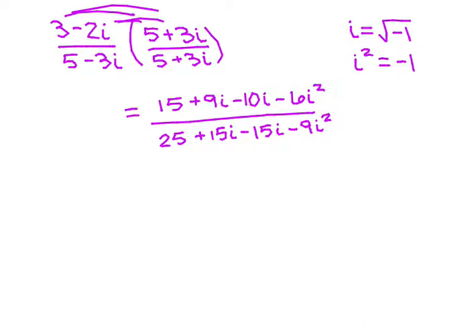Okay, so as expected, our i's will cancel, so that's good news. That's how you know you've done it right and you did the complex conjugate correctly. Your i should disappear.